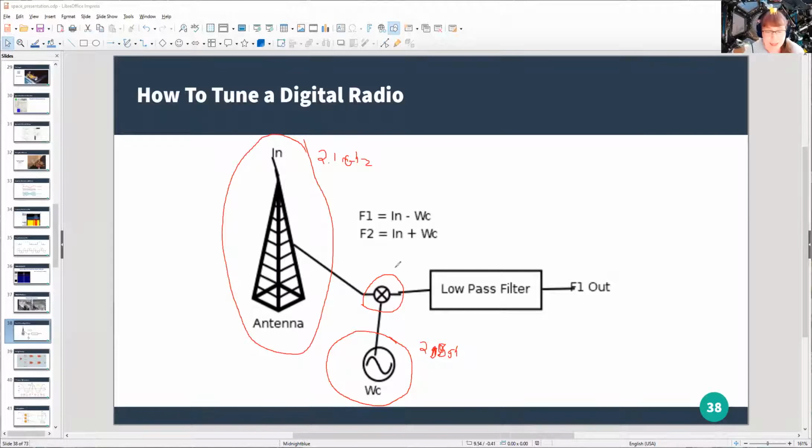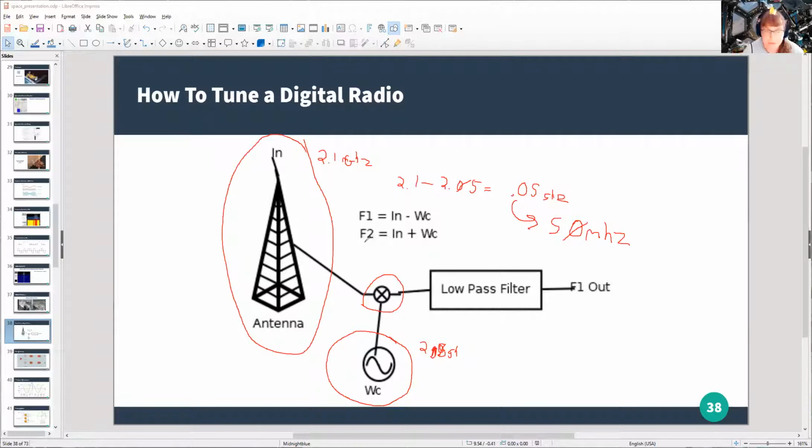That gets multiplied, and 2.1 minus 2.05 equals 0.05 gigahertz, or 50 megahertz essentially. So now we've essentially created a 50 megahertz version of the initial wave.